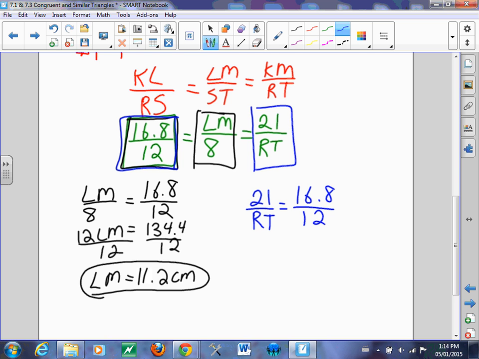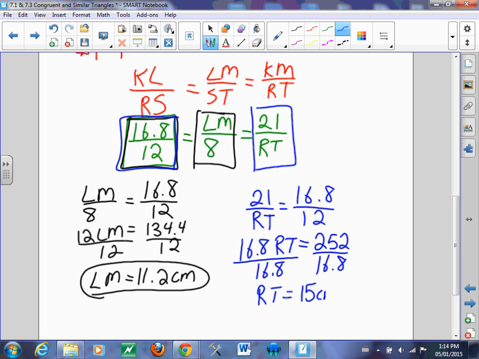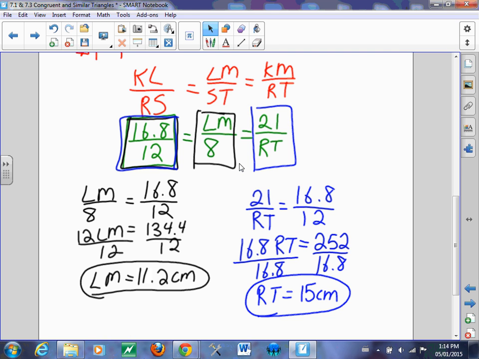Cross multiply just like we did in the warm-ups, guys. 16.8 RT equals, opposite cross, 21 times 12 is 252. To get RT by itself, you divide by 16.8, and yes, you'll need your calculators for this one. Okay, and RT equals 15 centimeters. And there's your second missing value. So now you've solved all the missing side lengths.